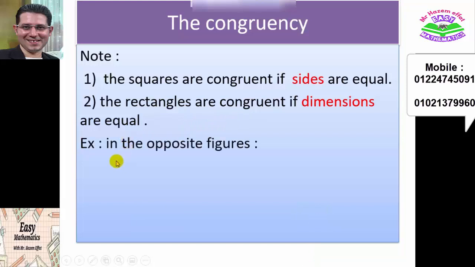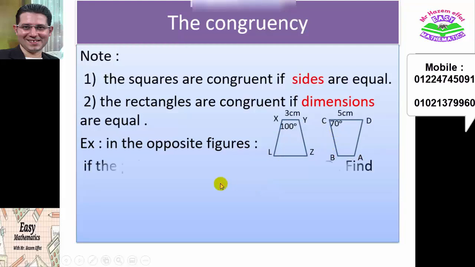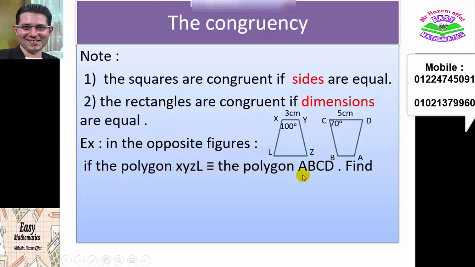Let's see more exercises in the opposite figures. He gave me here two polygons: the polygon XYZL is congruent with the polygon ABCD. Find AB equals what? I told you before, it's better to find AB from this rule, not from the shape, because it will be difficult to find which side AB equals.